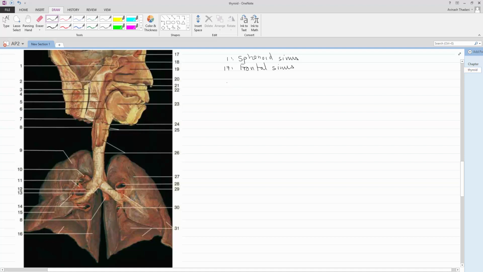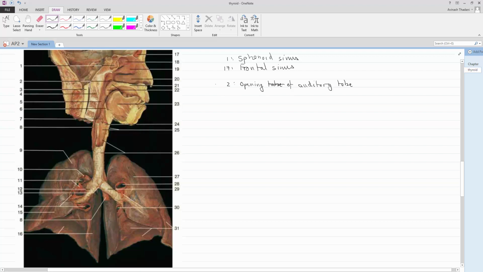Okay, 2 is the pharyngeal opening of the auditory tube, which is also called the tympanic tube, which is also called the eustachian tube. So all names are acceptable, really. So opening of the, we'll just call it the auditory tube, or pharyngotympanic tube, or eustachian tube.